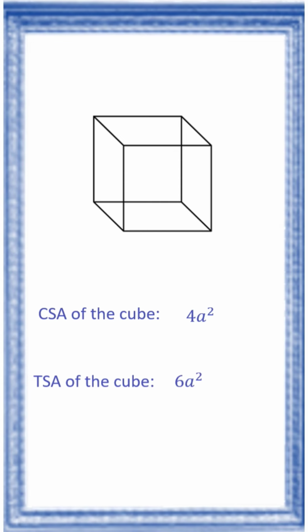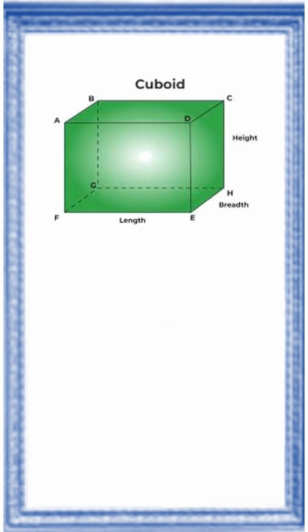Cube. Here all dimensions, length, breadth and height, are the same. So CSA of cube is 4a square. TSA of cube is 6a square. Volume of the cube is a cube. Now cuboid.